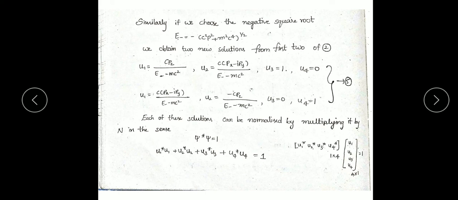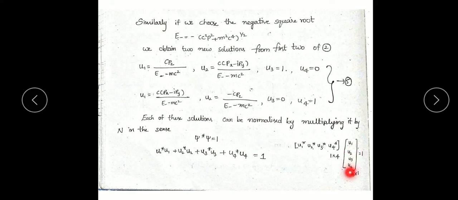If there is a matrix like Ka, Kb, Kc, Kd, we could write it simply as K into the matrix A, B, C, D. Like that, if we just take out e^(i(k·r − ωt)), then u1 into e^(i(k·r − ωt)), u2 into e^(i(k·r − ωt)), like that would remain. At a particular point and time, we would have xi1, this one.